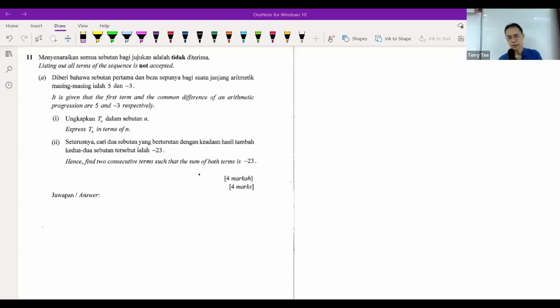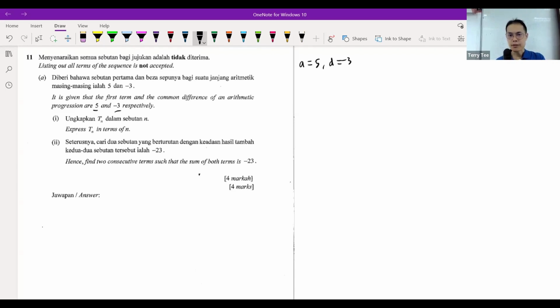Okay, next question, question 11. This is from the chapter progression, form 4, chapter 5. Okay, now they say, given that the first term and the common difference of an arithmetic progression are 5 and -3, you're supposed to express Tn in terms of n. So we know our a is 5, d is -3.